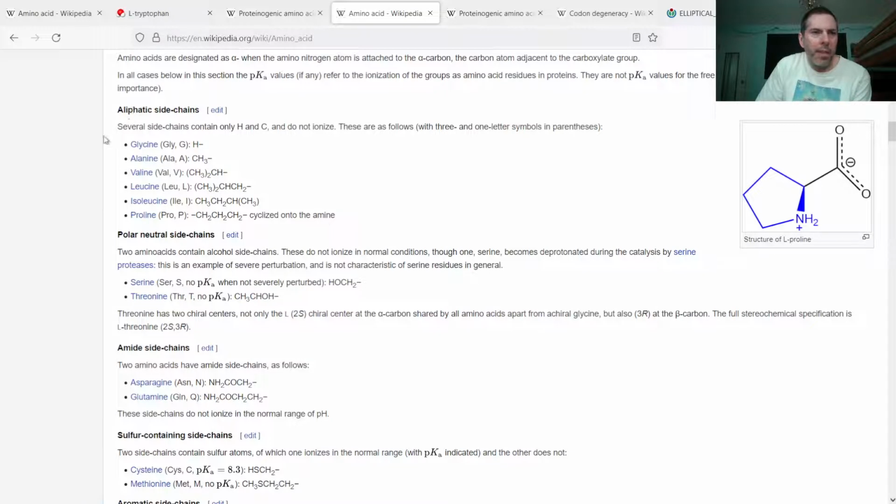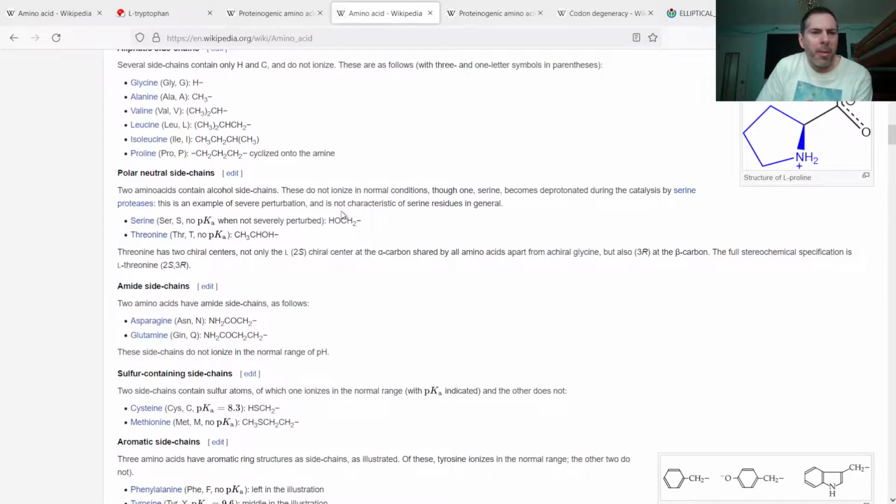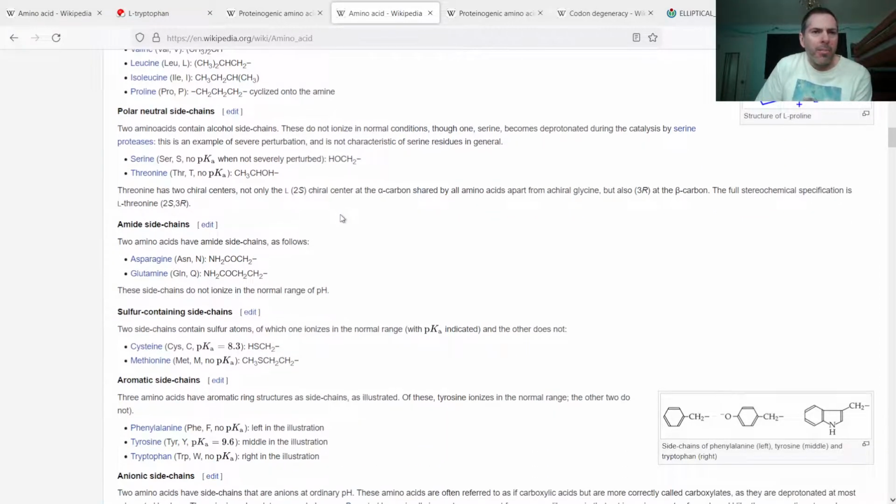So the aliphatic side chains are ones with the hydrocarbon side chain, and that includes those branched chain amino acids we saw, valine, leucine, isoleucine. Polar side chains, serine, threonine, have the hydroxyl group.